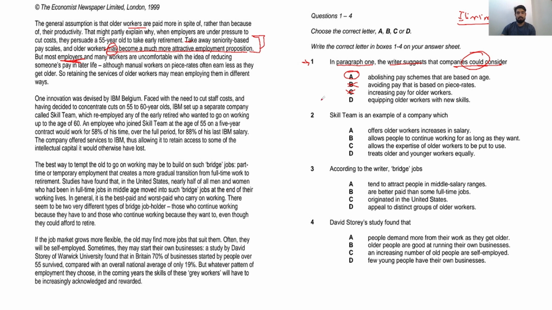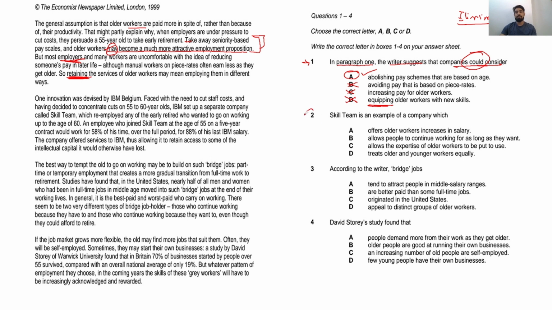But did they say equipping? Equipping means hiring new ones, like the older workers, right? But in this case they are mentioning retaining. So that is also opposite. Okay, so this also cannot be the answer. So what is left? Abolishing pay schemes that are based on age. So we had already found it, but still we did the elimination to make it sure. Correct. So what they have said, take away seniority based pay scales and older workers may become a much more attractive employment proposition.